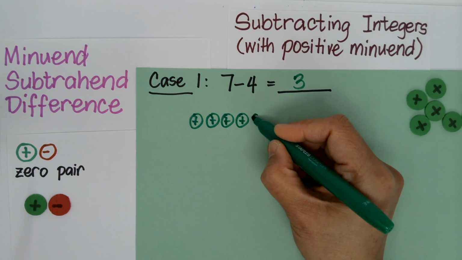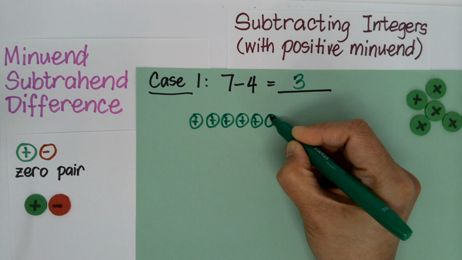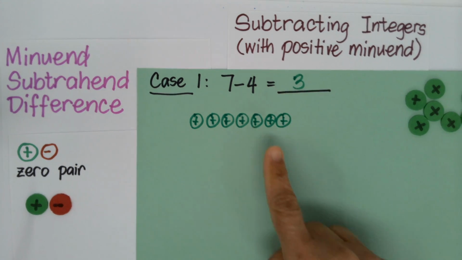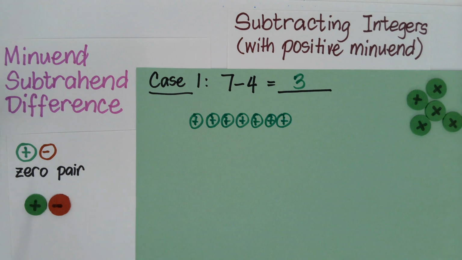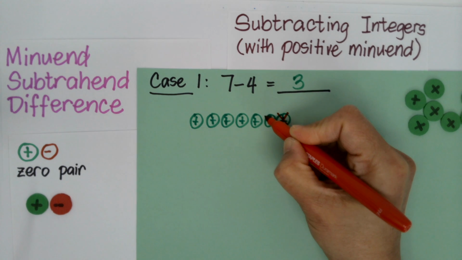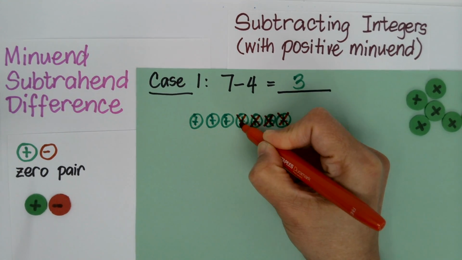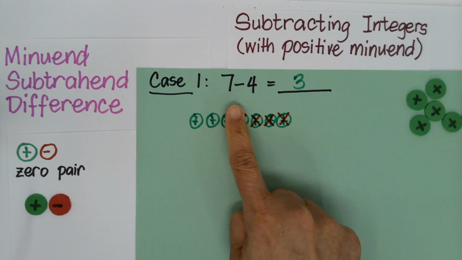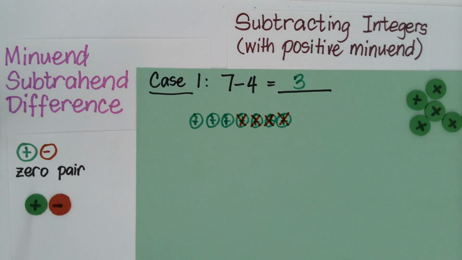So we have 4, 5, 6, and 7. Because we want to take away 4, we simply cross out the 4 discs. 1, 2, 3, 4, and that leaves 3 discs, and so the difference is equal to 3.